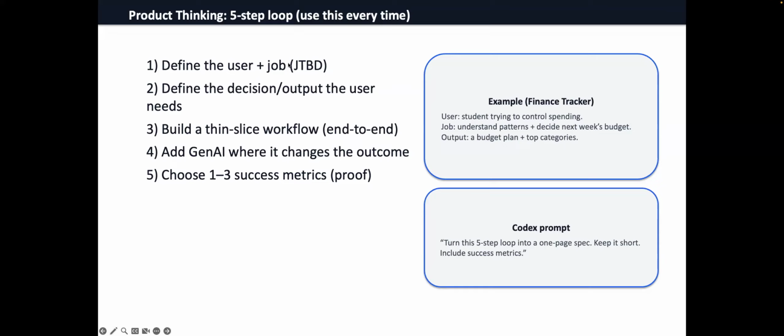So which means in this case, for each loop, we can start early. We can define a simple user story and also the job. And based on that, we can further extend.